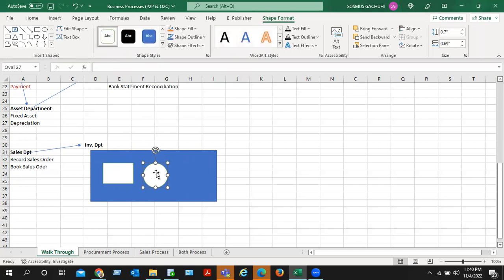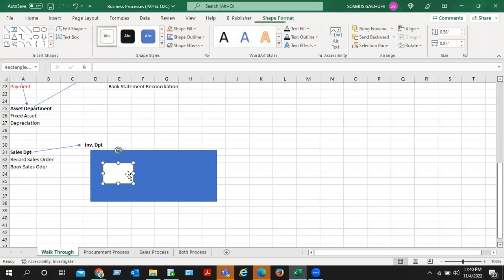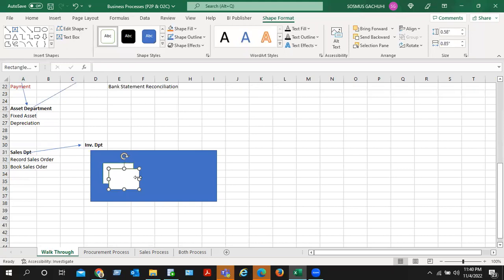Under this sub-inventory, we assume, for example, it is maintaining laptops, and under the other one, it is maintaining desktops.